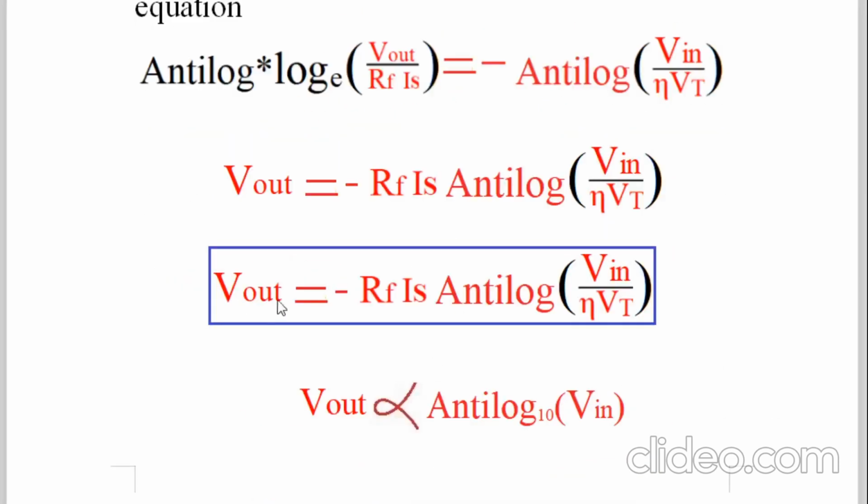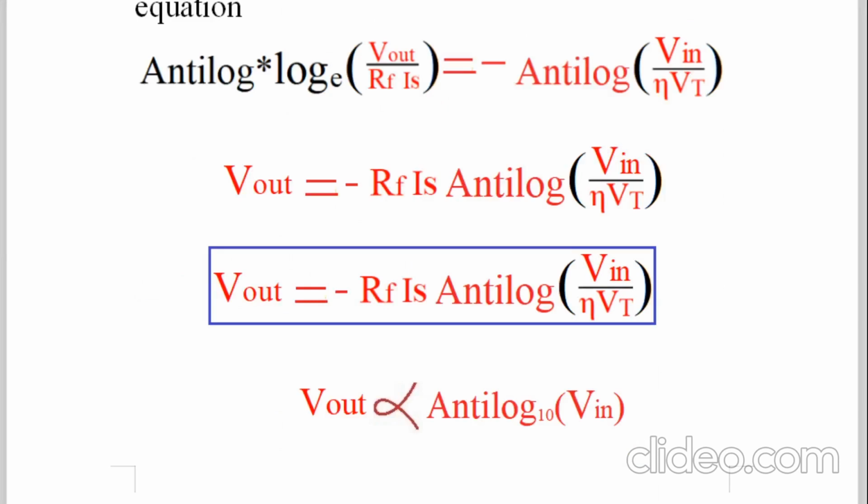In this way, this is the final equation which I have put into the blue bracket, and that equation tells you that V out is directly proportional to the anti-log to the base 10, or to the base e, because a proportionality constant is there, of V in. So in this way, you succeeded in proving that V out is the anti-log of V in, and this is the derivation.